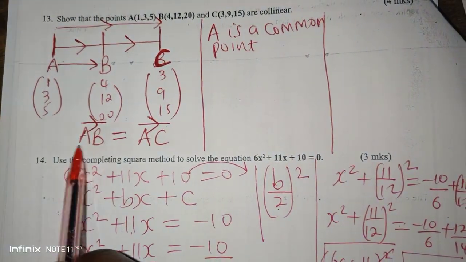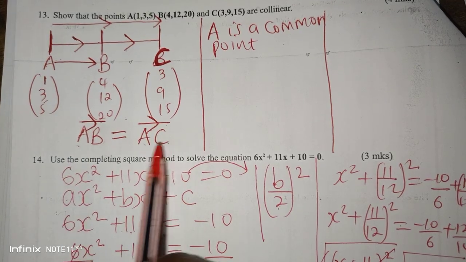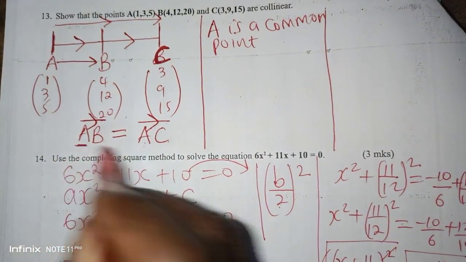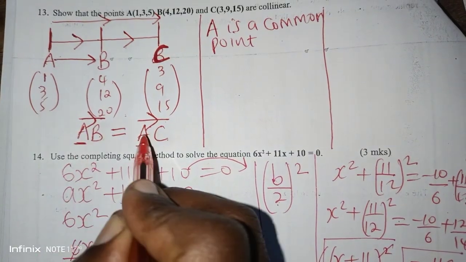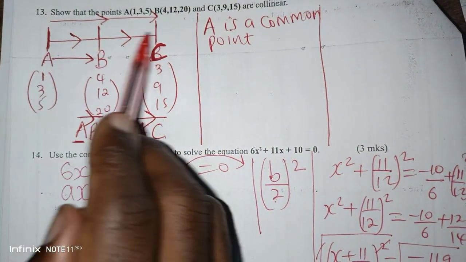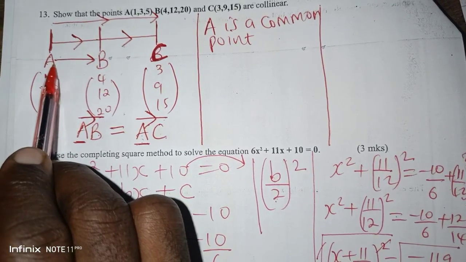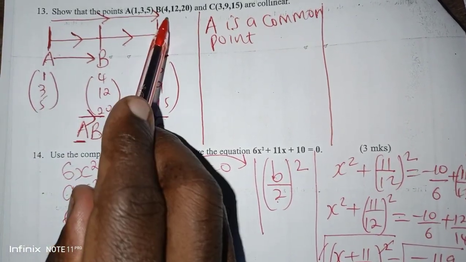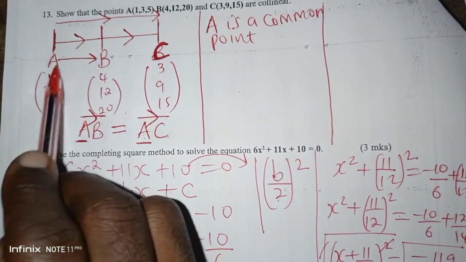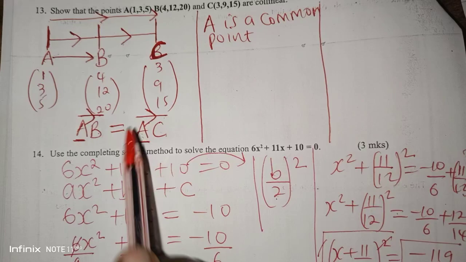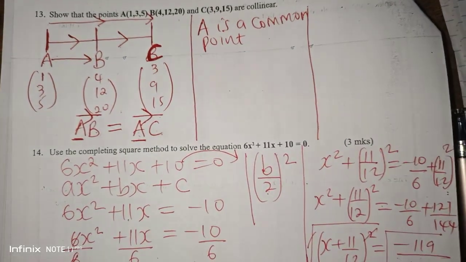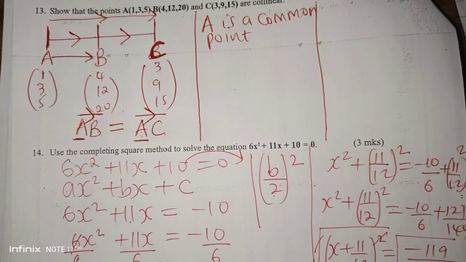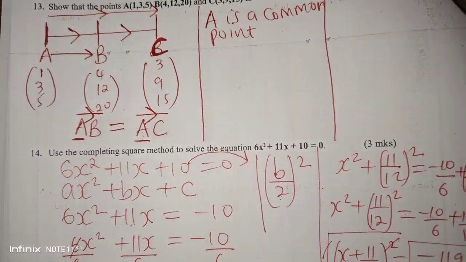Because for AB there is A, for AC there is A. So A becomes a common point for line AB and line AC, and they lie on a straight line. That's the first way you can show that those 3 points are lying on a straight line: if they have a common point.